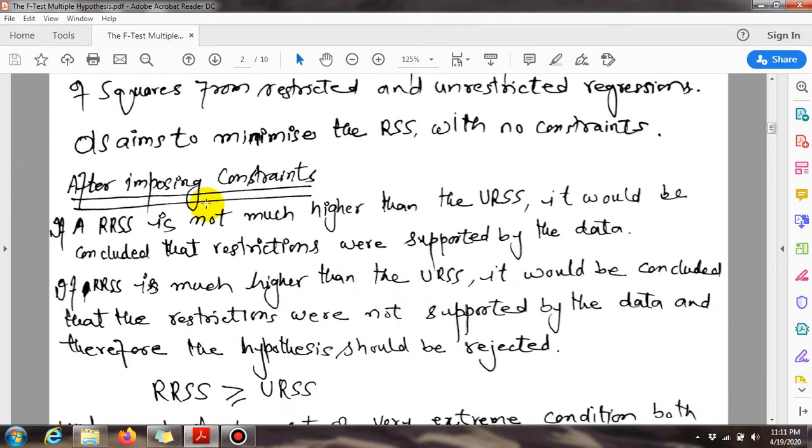After imposing a constraint or restriction, if the restricted residual sum of square is not much higher than the unrestricted residual sum of square, it would be concluded that the restrictions are supported by the data. And if the restricted residual sum of square is much higher than the unrestricted residual sum of square, it would be concluded that the restrictions were not supported by the data, and therefore the hypothesis should be rejected.